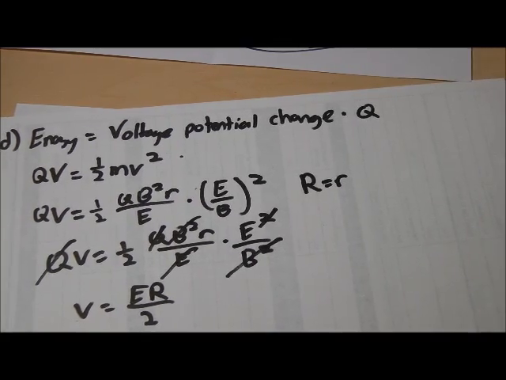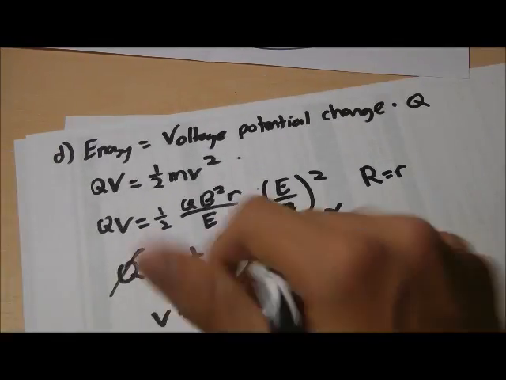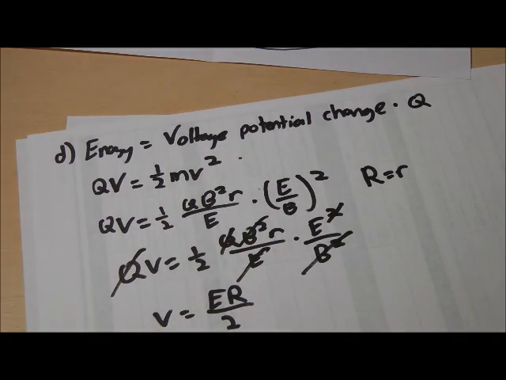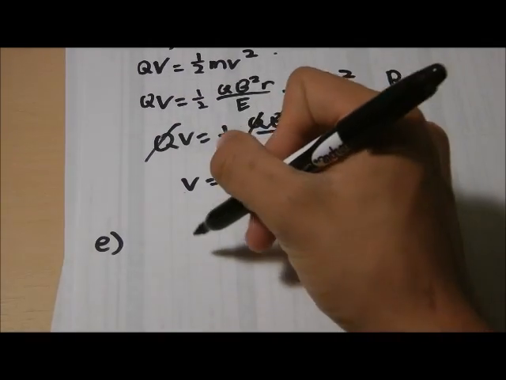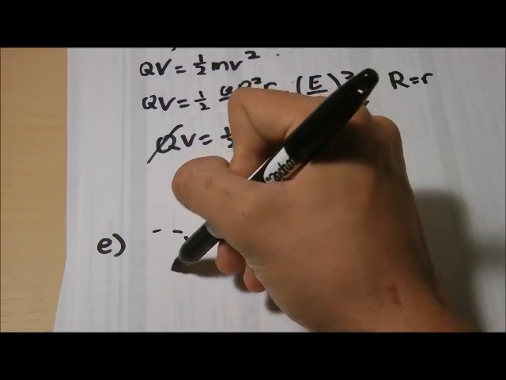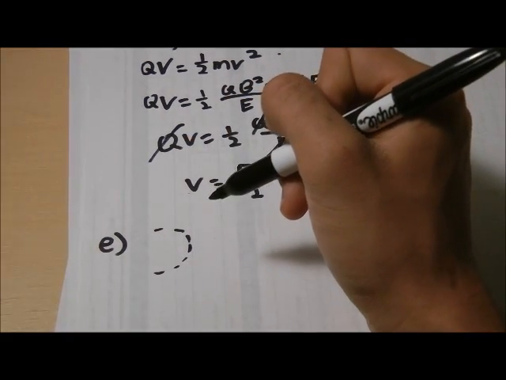And now we can go to part E, which asks for the acceleration A of the particles in region 3. So the only acceleration happening in that region is the centripetal acceleration we were talking about before.